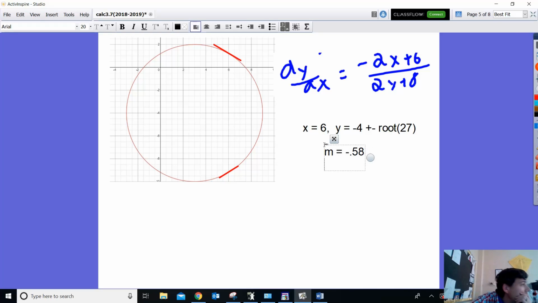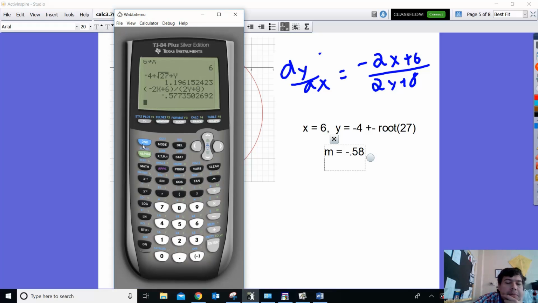The other one is probably the same thing, but the sign would be positive. It should be, because circles have pretty good symmetry, but I don't really like to make assumptions. So negative 4 minus root of 27. Still going to store it to y.